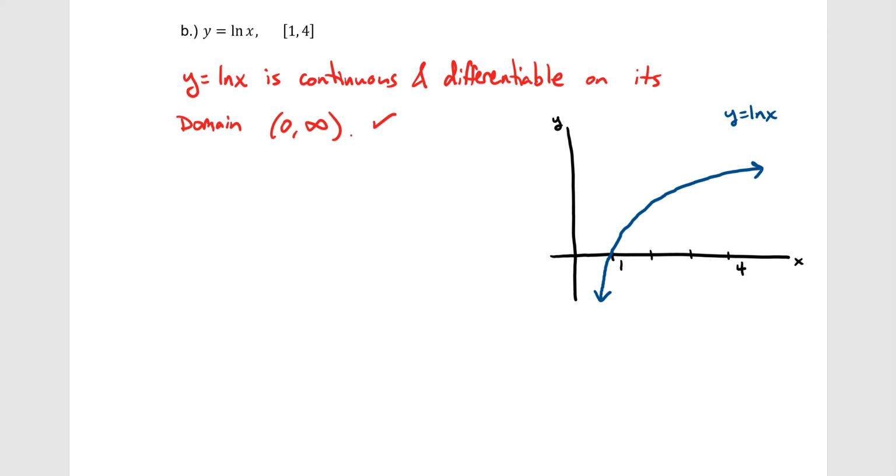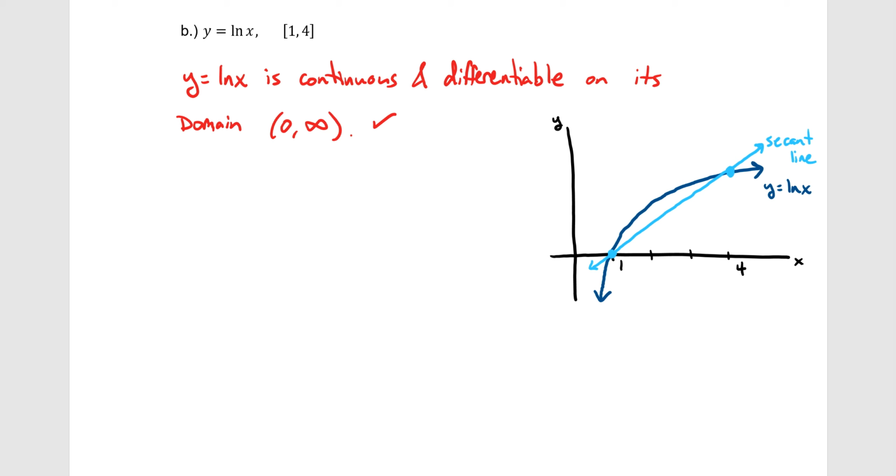So we're trying to figure out a point C, an x value that we're going to call C, that has the same slope as the secant line between these endpoints. So the secant line would look something like that, and we're trying to find a point somewhere within this interval that has a tangent line with the same slope.